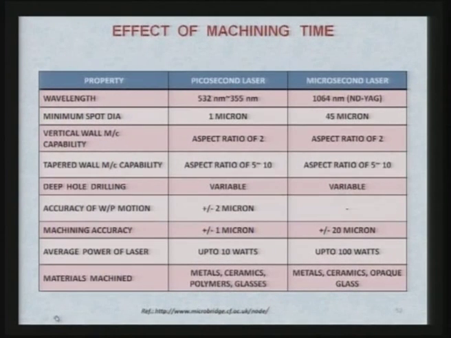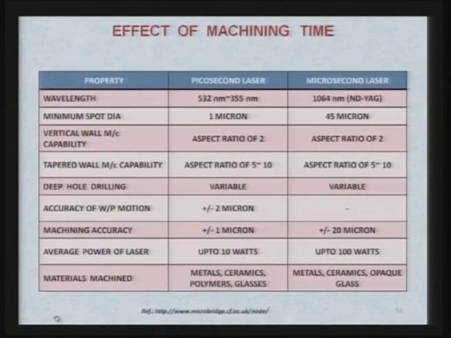Let us see some other type of the lasers. There are two other types of the lasers known as picosecond lasers and microsecond laser. Now, wavelength in case of picosecond laser is 532 nanometer to 355 nanometer, and for microsecond lasers it is Nd:YAG laser, which I have already mentioned, 1064 nanometer.